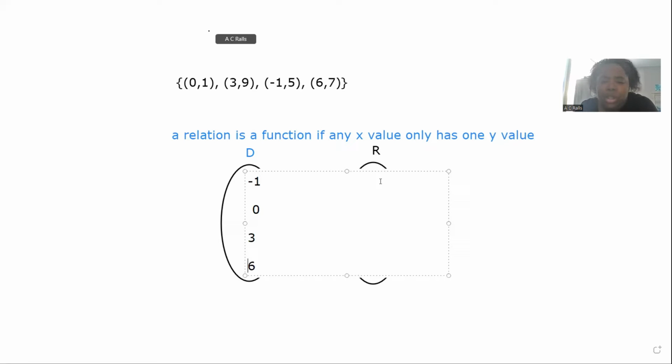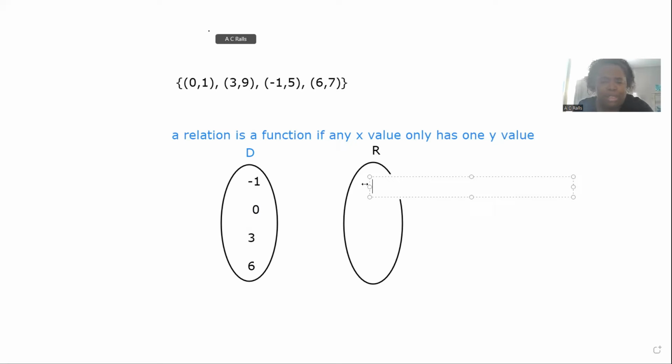And then you will go to your next values, which will be your Y values, and you will go from least to greatest. So we have 1, 5, 7, then we have 9.